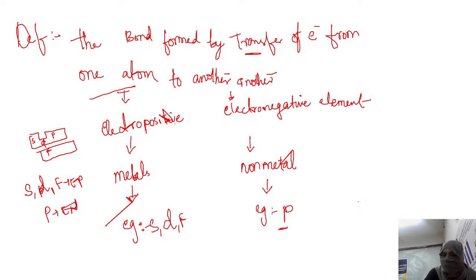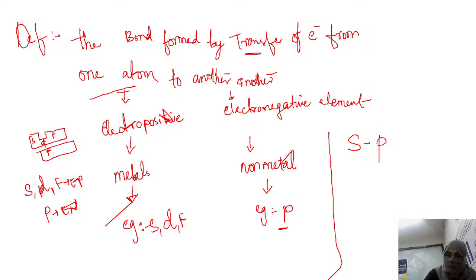Right? So I can tell you one more easy way of remembering ionic compounds. If you have the periodic table in front of you, you can do one thing: mix any S block with any P block element and you will get an example of ionic bond.